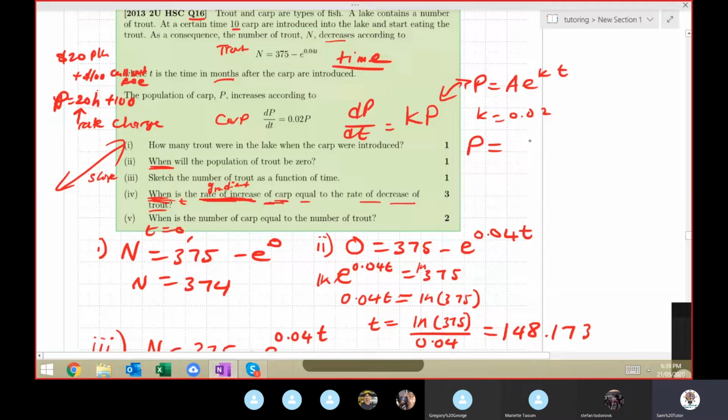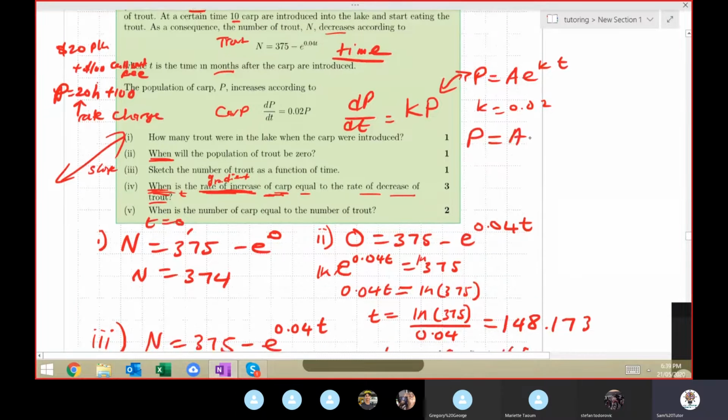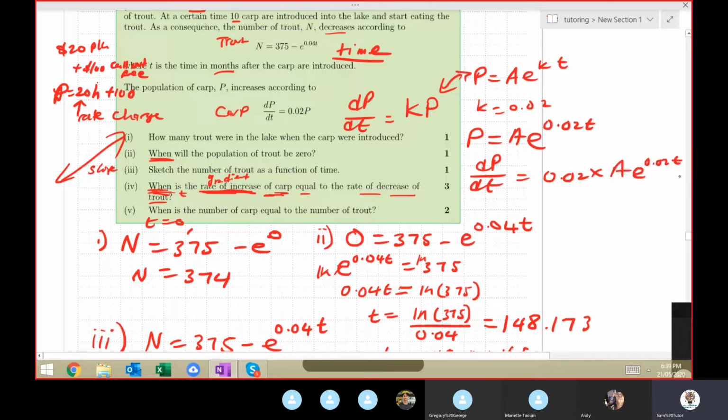Therefore, P equals a e^0.02t. dP on dt is equal to 0.02 times P. So dP on dt is equal to 0.02 times a e^0.02t.